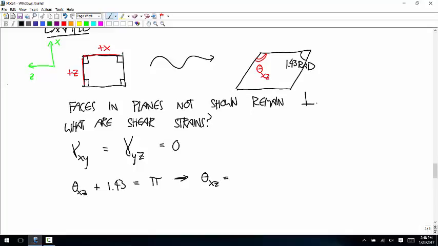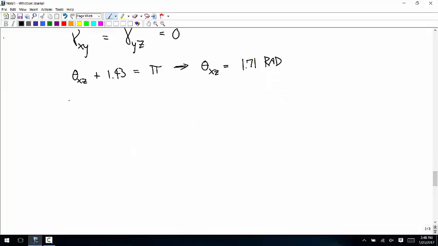So theta xz is 1.71 radians. And so gamma xz is equal to pi over 2 minus 1.71, which is negative 0.1392.